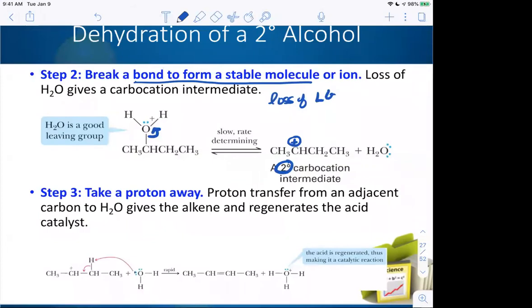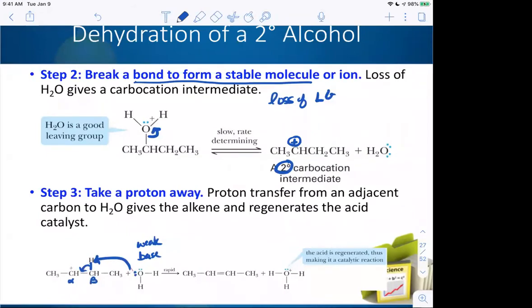Here, my water is acting as the base. Even though it's a weak base, it's still a base. This is my alpha carbon, this is my beta carbon. These electrons are going to go ahead and pick off that hydrogen. The electrons that were in that bond are going to go toward the carbocation.